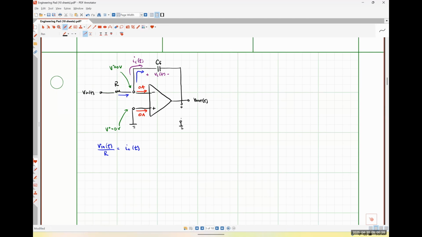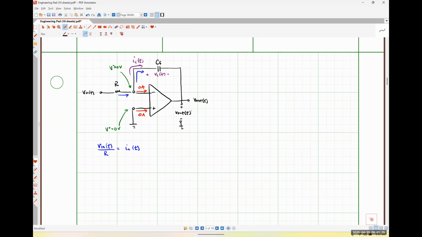So I would put the positive polarity terminal of Vout here, the negative polarity terminal there. And so this could be how we represent Vout as a function of time. To me, I see that the positive polarity terminal of Vout is at the output node, and the negative polarity terminal of VC is at the output node.